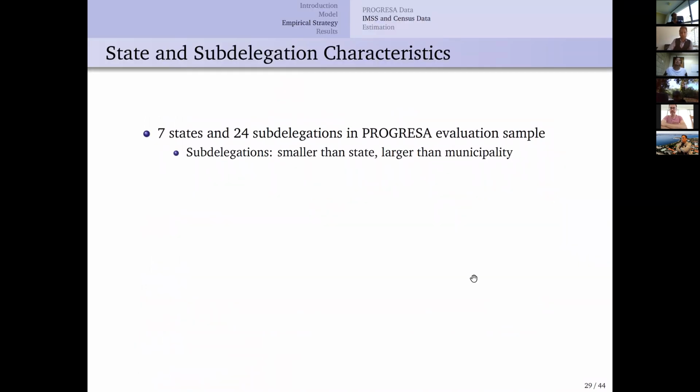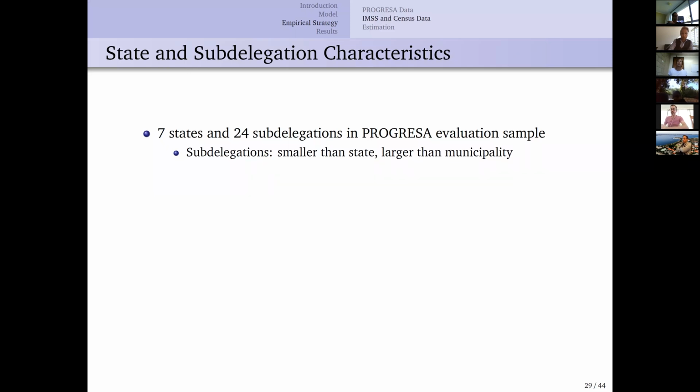We are also going to be using state and subdelegation level characteristics. There are 7 states, as I've already mentioned, and 24 subdelegations in the PROGRESA evaluation sample. So these subdelegations are smaller than the state level, but larger than the municipality. And I should also mention that the treatment of PROGRESA was at the village level.